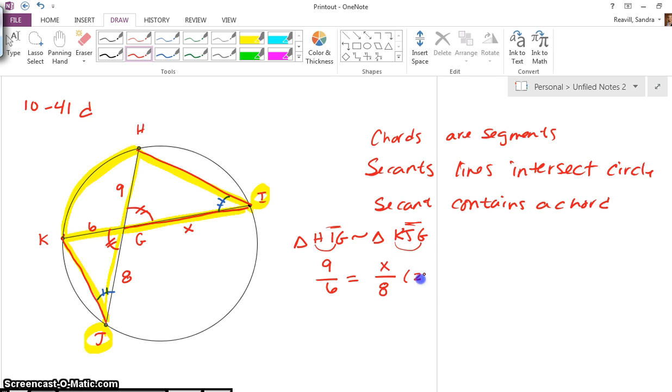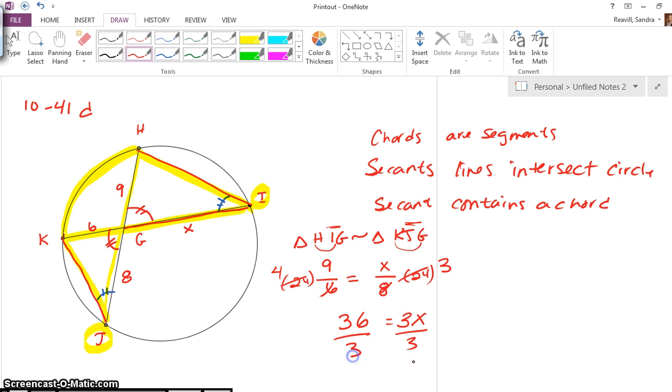We can bust the fraction with 24. My 3 is on this side, and my 3 is on this side, and my 4 is on this side, because 24 divided by 6 is 4, and 24 divided by 8 is 3. 3x on the right, 36 on the left.